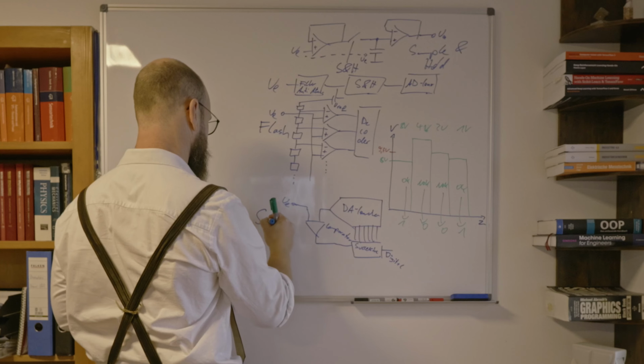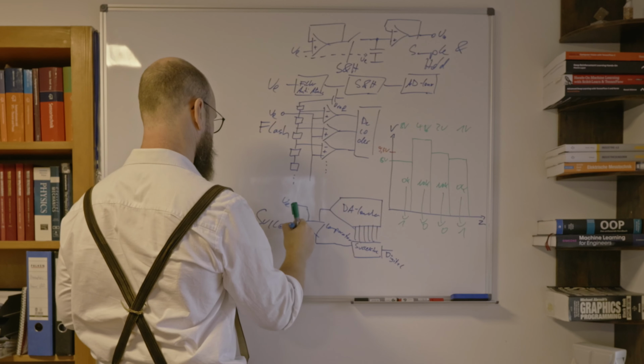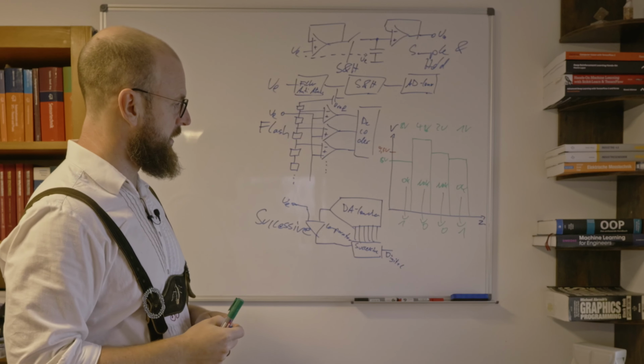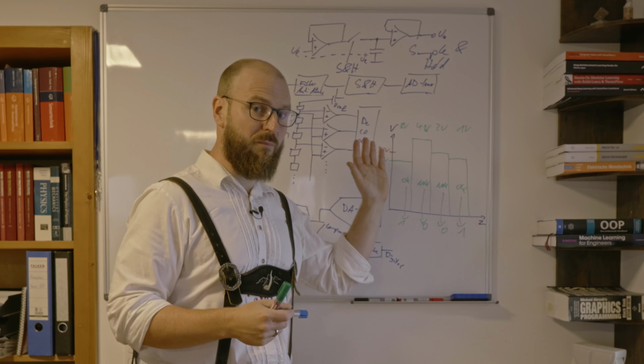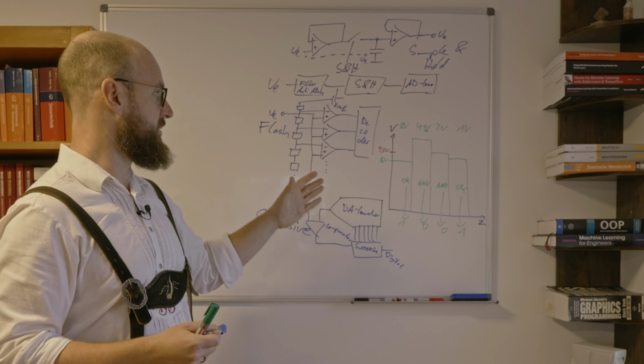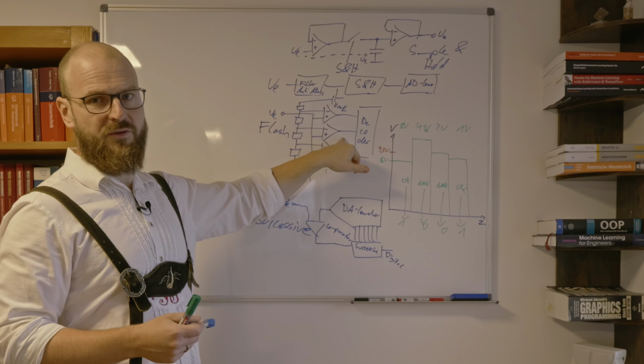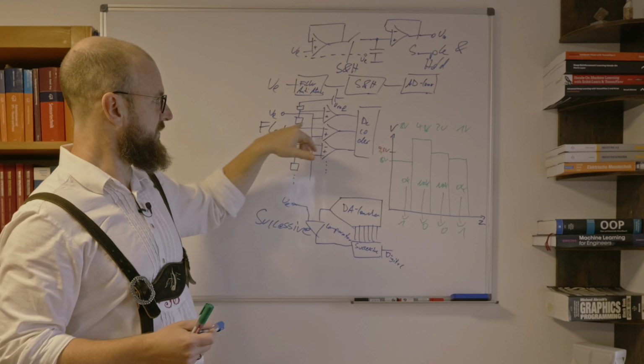And this is the successive approximation converter. It's not as fast as this one, but it has the ability to build higher resolutions much more easily than the flash converter. Just think about a 10-bit flash converter over here.